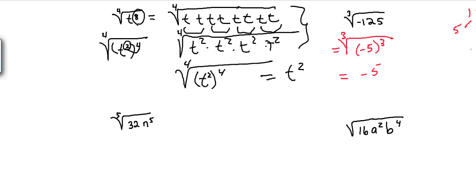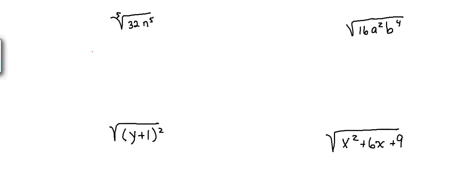And here I have the fifth root of 32 n to the fifth power. Now I know I can take the n out of this root. If I look at 32, let's assume I don't know the factors of 32, so I just factor tree it.